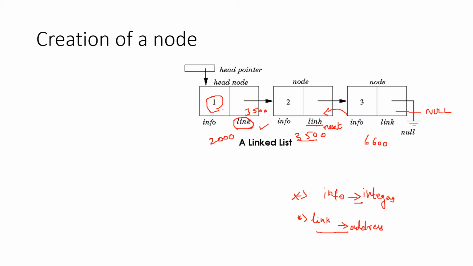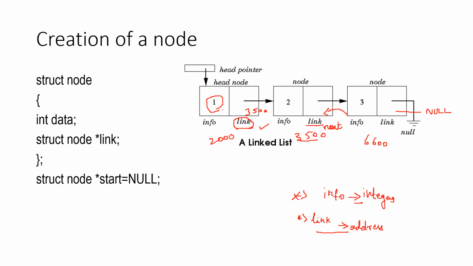So in order to create a node, at first we have to define a structure. That's why, at first I'm going to define one structure in the name of node. Is it mandatory to name the structure as node?